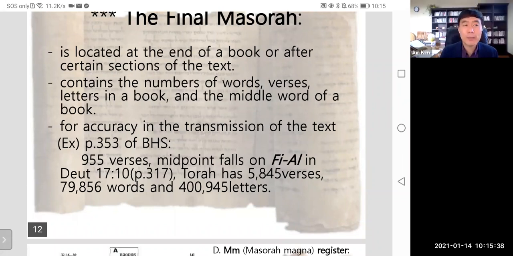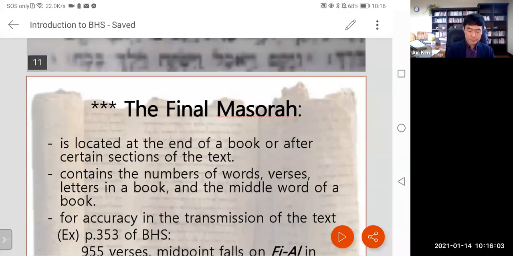Well, I don't know if I could clearly understand your question, but if you really look at the Final Masora, you can see that there is a numeral system. Whenever we have a letter with a dot, then it's not a letter but a number. If you have your BHS guide, let me show you.